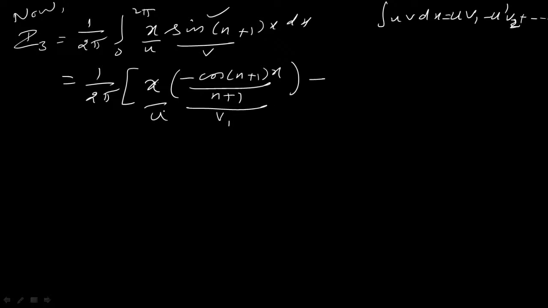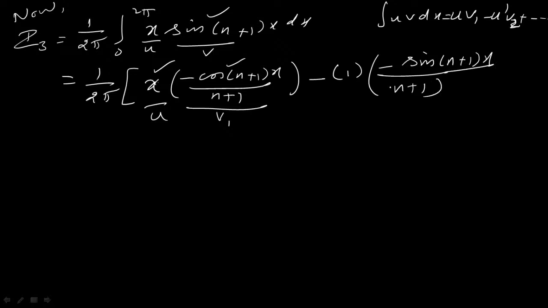So next u dash is nothing but you differentiate this x, that is 1, and v2, integrating v1, so you take n plus 1 as a constant, so that is in the denominator. While you are integrating cos n plus 1x, you get sine n plus 1x divided by n plus 1, already you have n plus 1 in the denominator, so you have n plus 1 the whole square with the limit from 0 to 2 pi.